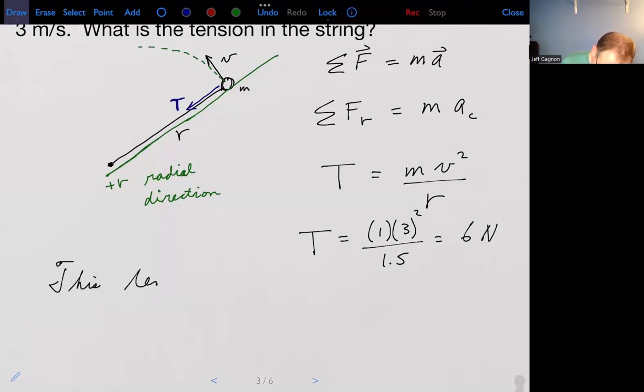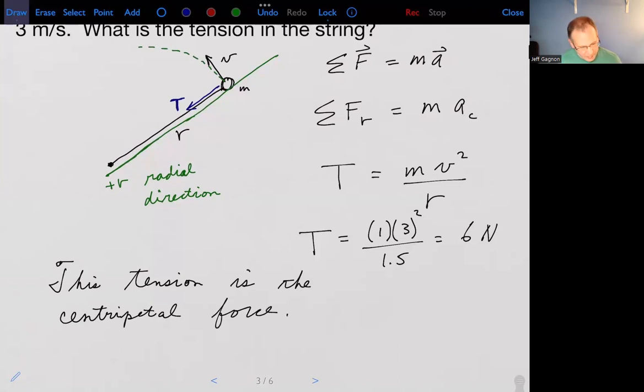So this tension is the centripetal force, right? It's the force that acts in the radial direction.